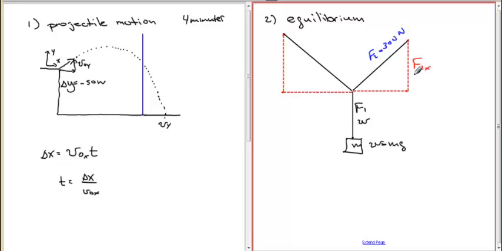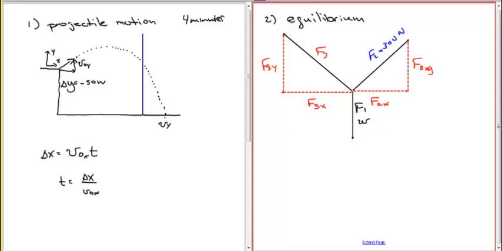So we'll have F2y and F2x, and we'll have, let's call this F3. You'll have F3x and F3y. And in this case, I'm actually going to ask you to calculate the mass. So it's similar to the problem we did in class, but you're going to kind of go back. You're going to work your way through the problem.